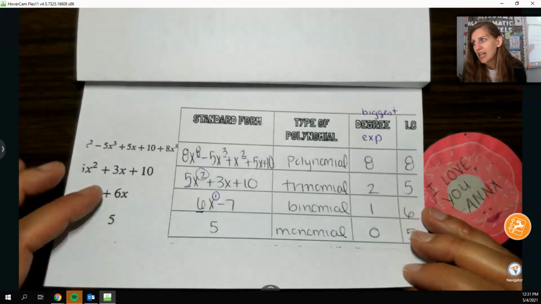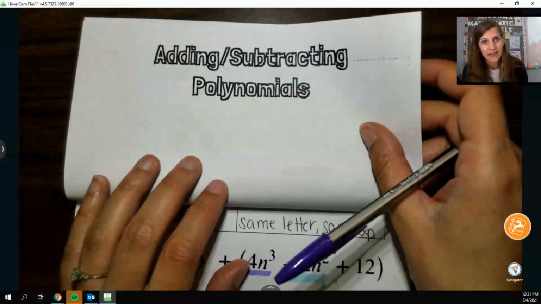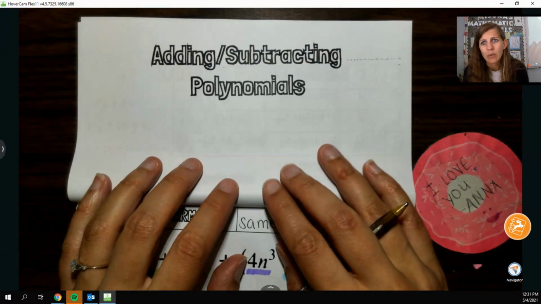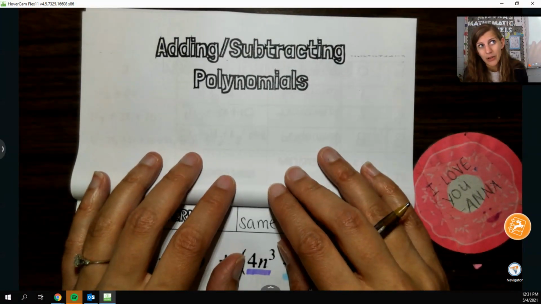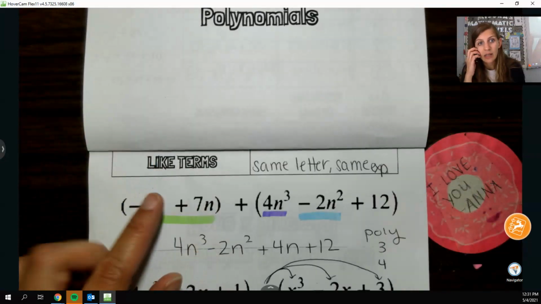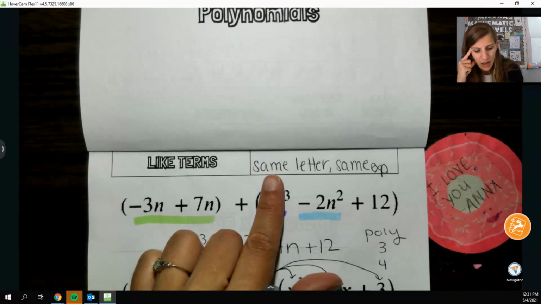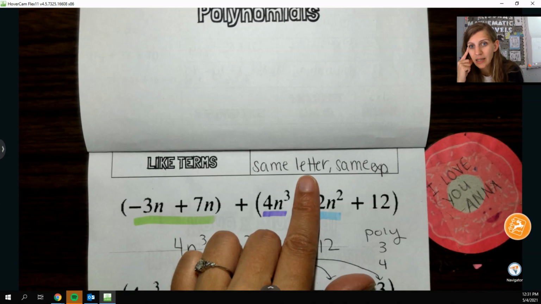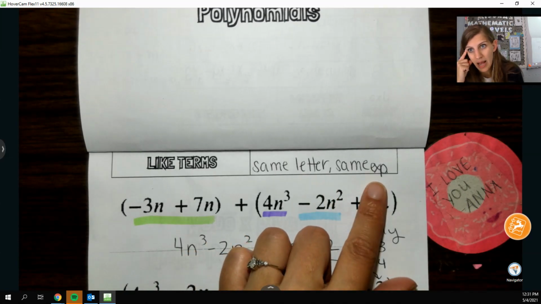Now along with that, we also talked about adding and subtracting polynomials, which really, when we're adding and subtracting polynomials, we're just looking for like terms. Like terms means that I have the same letter and the same exponent.